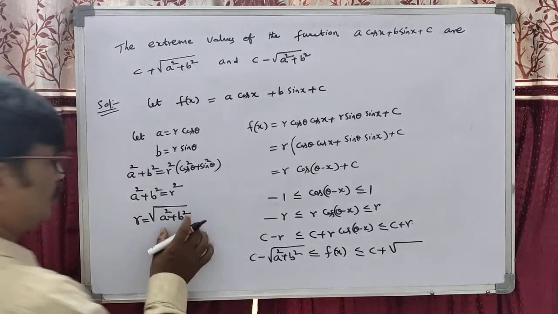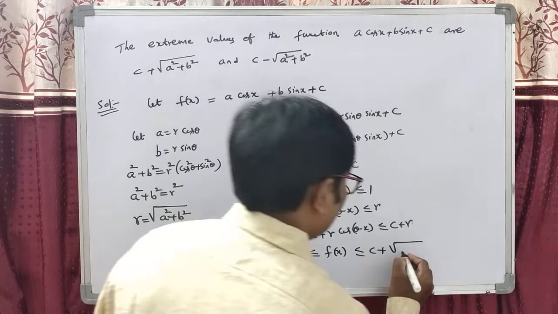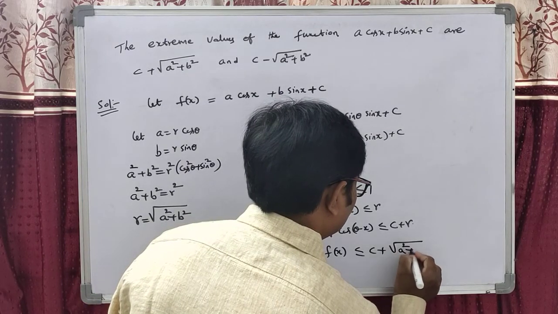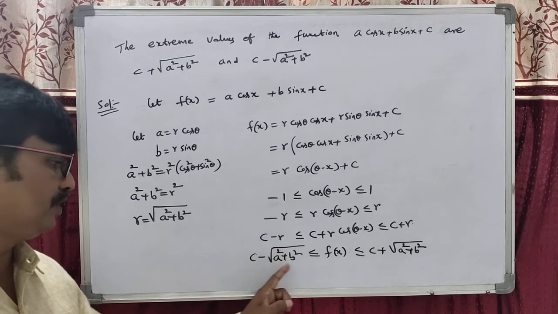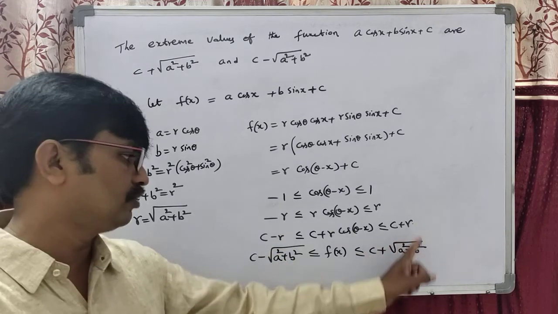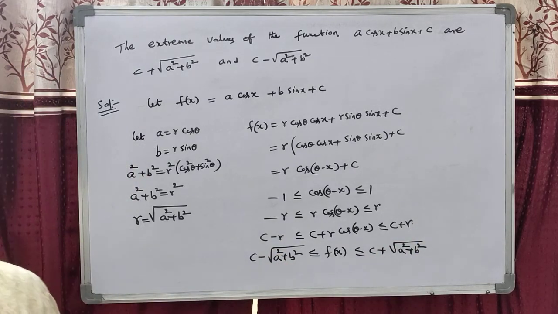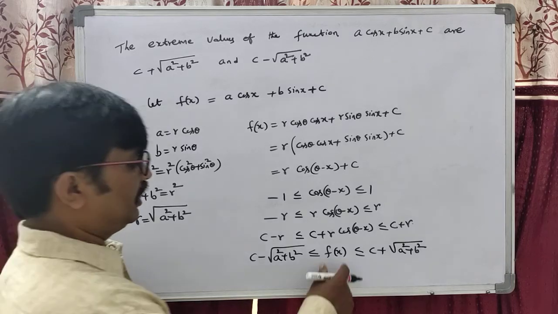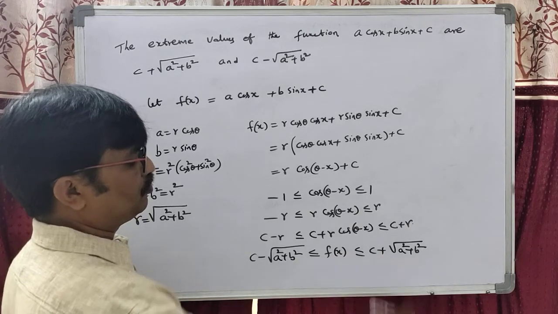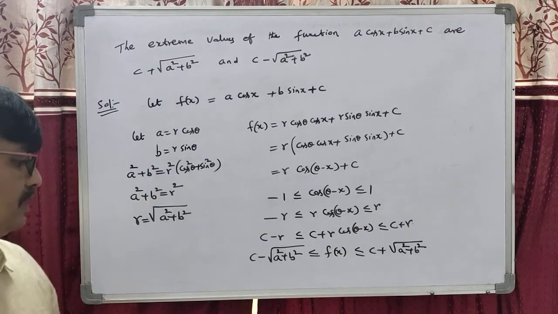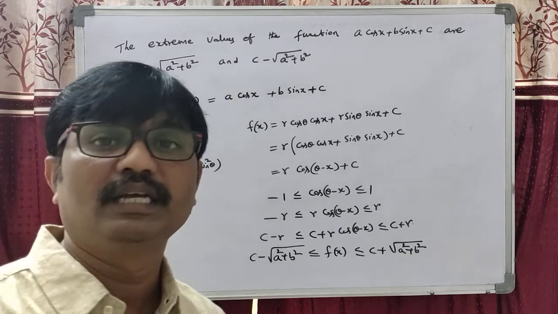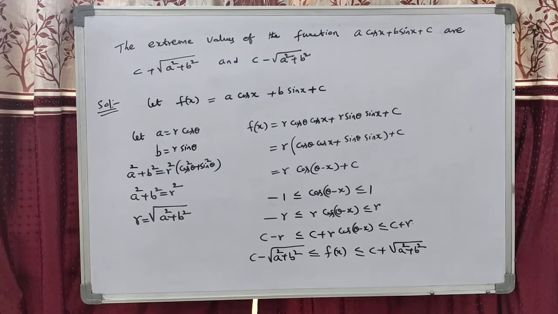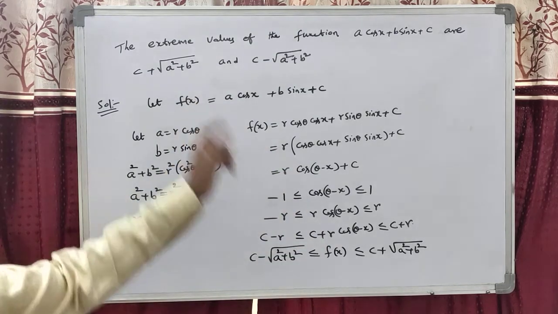Here r is root of a square plus b square. So f of x lies between c minus root of a square plus b square and c plus root of a square plus b square. This is the minimum and maximum value of f of x.